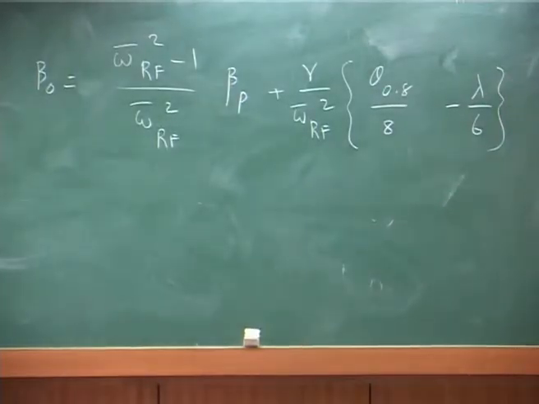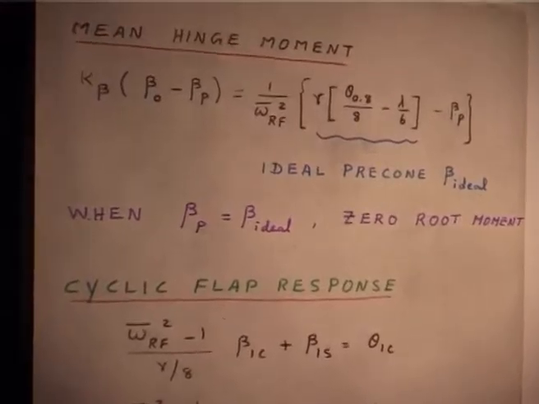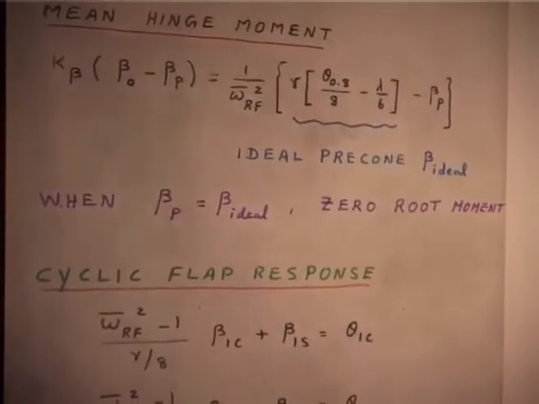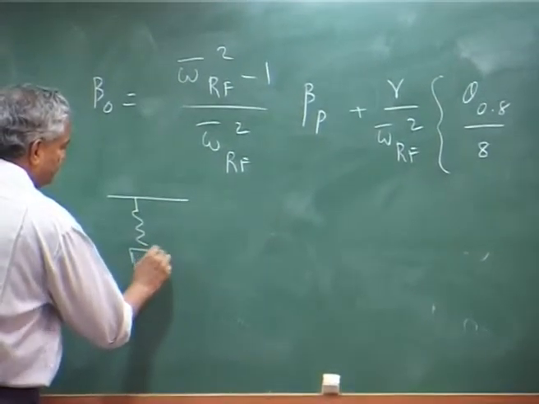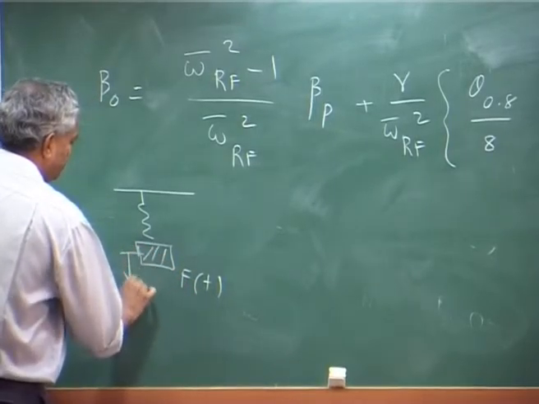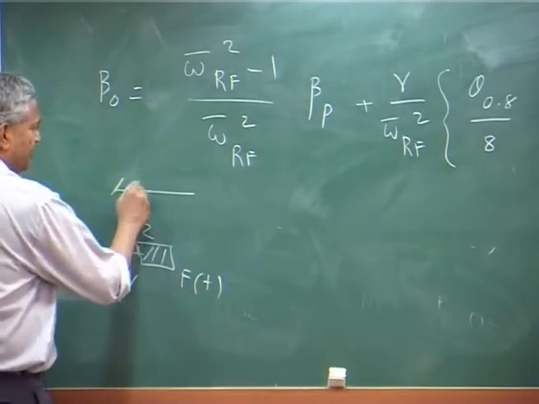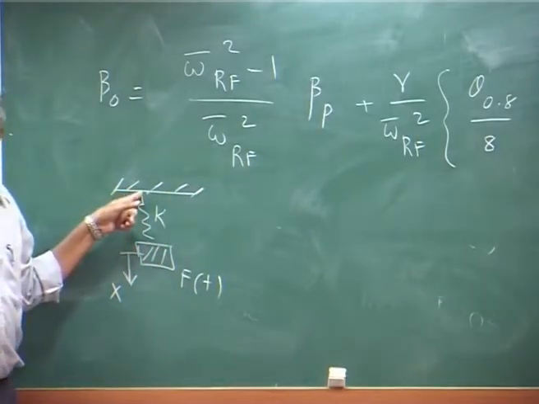Now, if you give a precon, what is the effect of that precon? Let us look at what is the hinge moment that comes. If you have a system, spring, mass and f of t, what is the force that acts here?